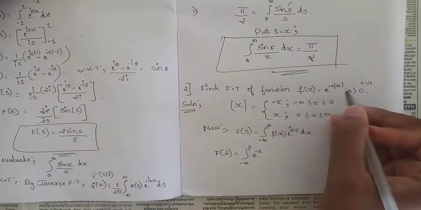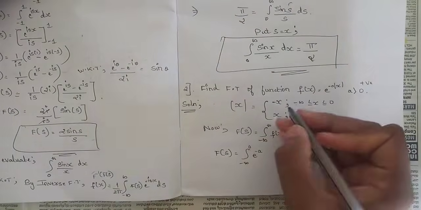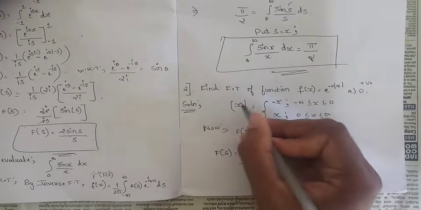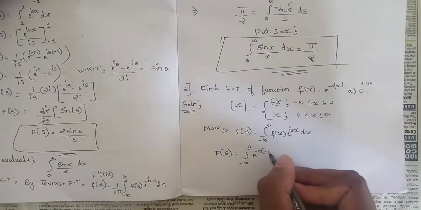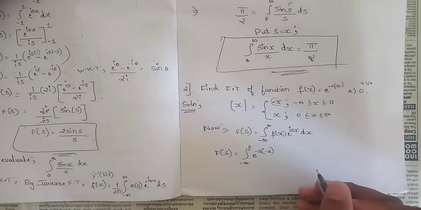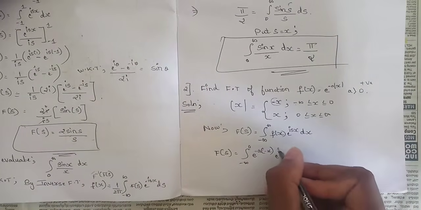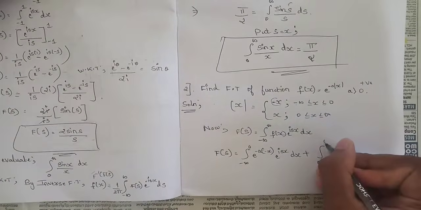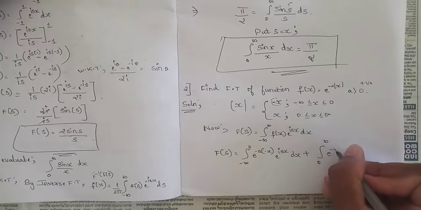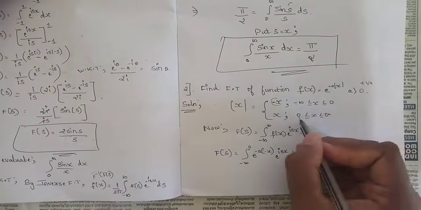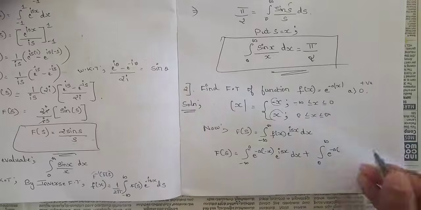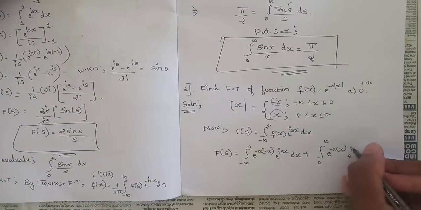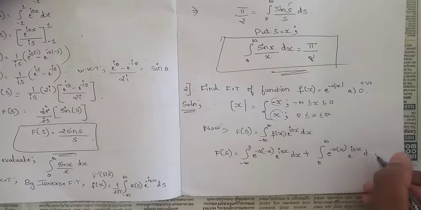Here in place of mod x we need to replace it by minus x, because in the interval minus infinity to 0 mod x is equal to minus x, into e power isx into dx, plus the integral from 0 to infinity of e power minus a into positive x, so replace mod x by positive x, into e power isx into dx.